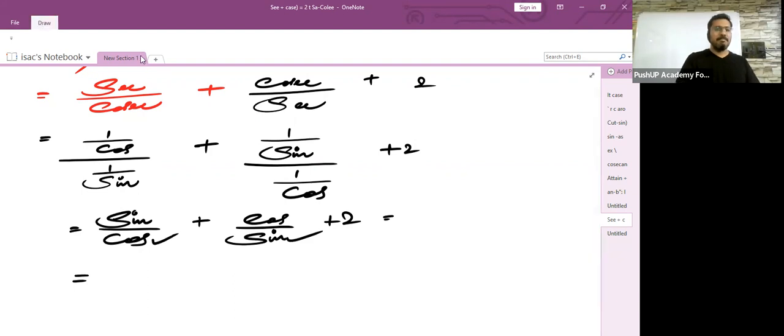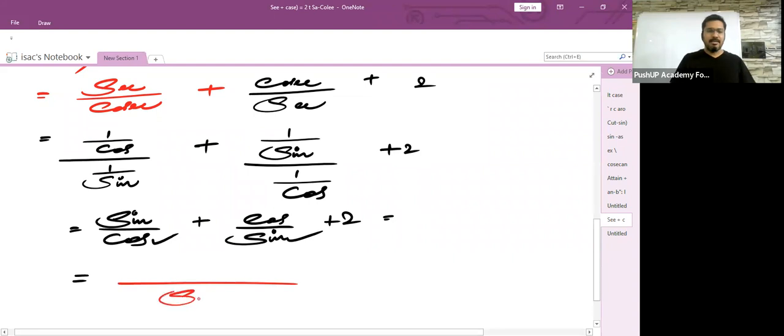What would be the LCM? Sine cos. So here it is sine into cos. Apply the LCM method. Sine cos by cos, cos cancels, sine into sine is sine square. Sine cos divided by sine, sine cancels, cos is left.